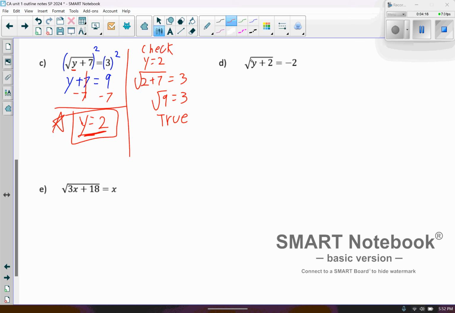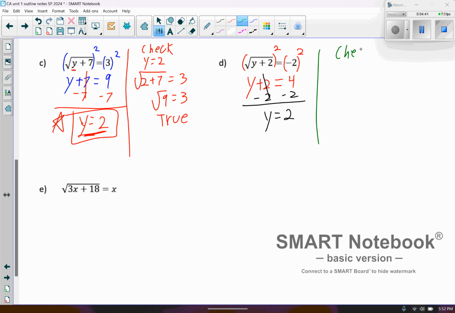Okay, looking at example D. Once again, we'll square both sides. We end up with y plus 2 equals negative 2 times negative 2, which is positive 4. Then we'll subtract 2 from both sides, and we get y equals 2. We better double check that. We let y equal 2.